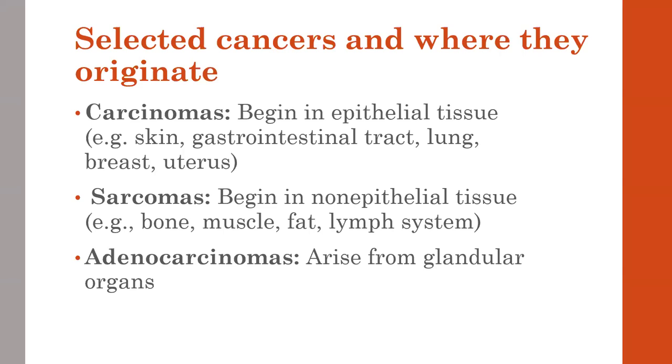Sarcomas are going to be basically most of the other stuff. Sarcomas are going to be the stuff in between. Bone cancer, muscles, fat, cancers that happen within the lymph system. Adenocarcinomas arise from glands. So adenocarcinoma would be like thyroid cancer.